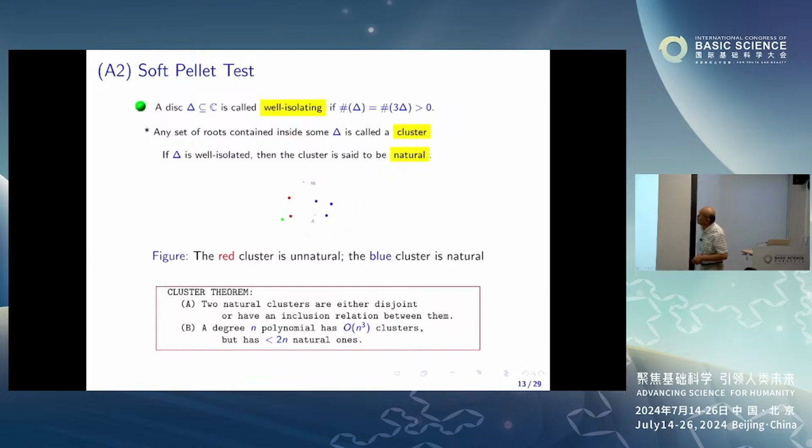The first is what I could again call isolating the number of roots in a delta.